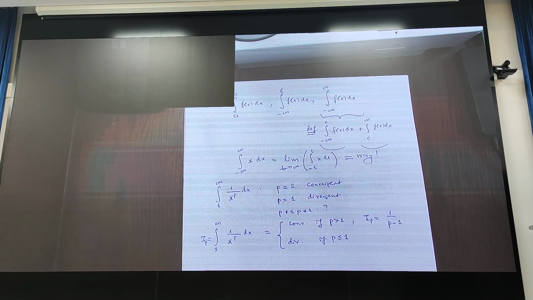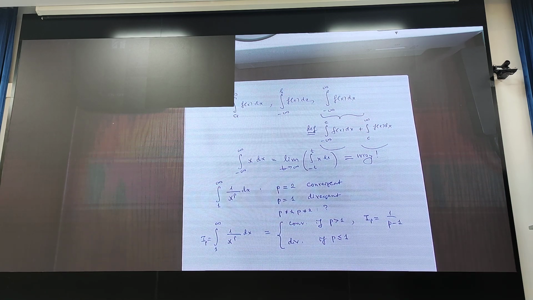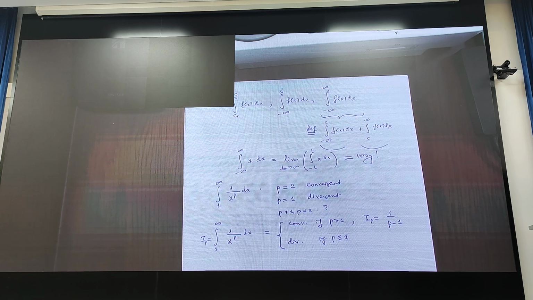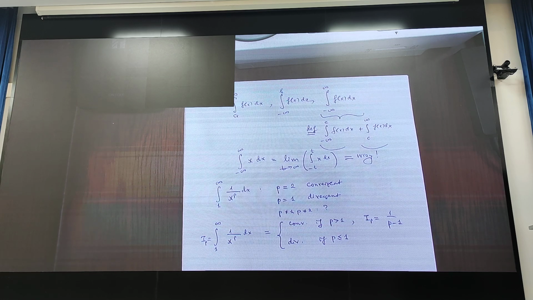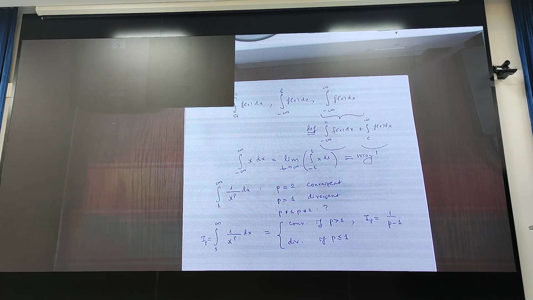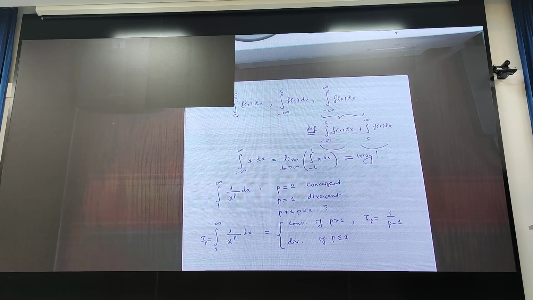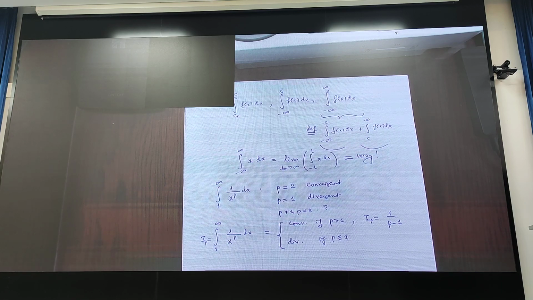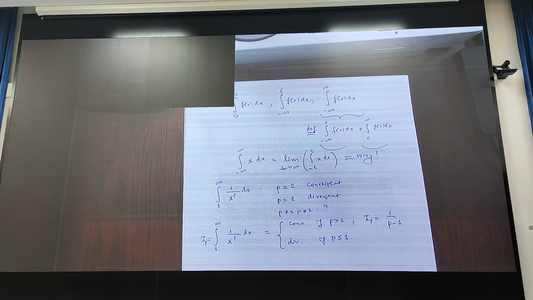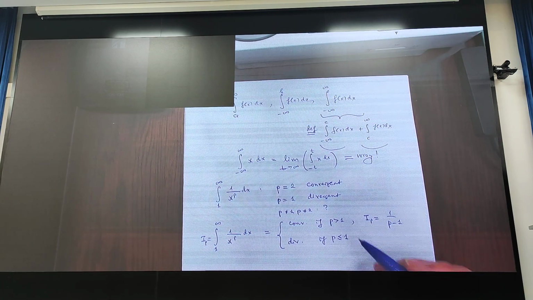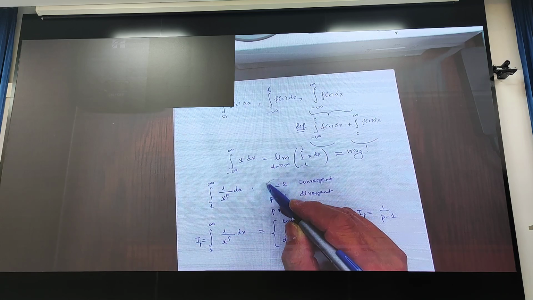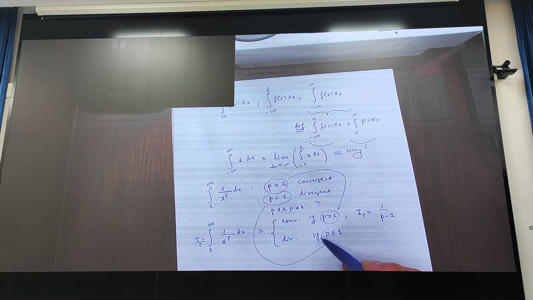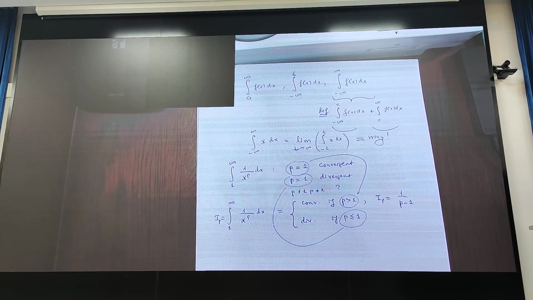For p equal to 2, you have already the case. You have already the case p bigger than 1, then you have convergence, right? Oh, that left I cannot show on the left. Hey, interesting. Okay, so you have convergence, and p equal to 1 divergent. Okay? How to prove it?